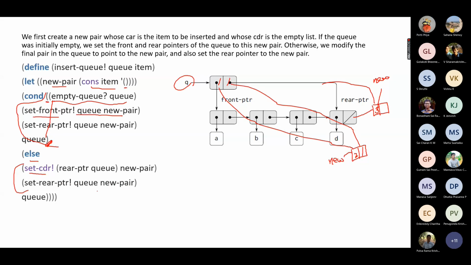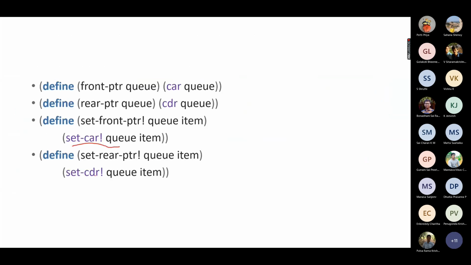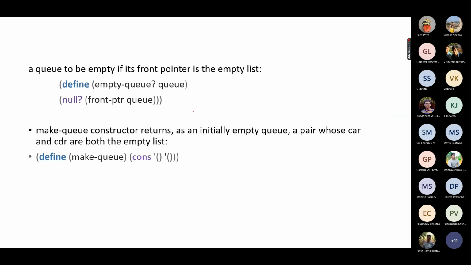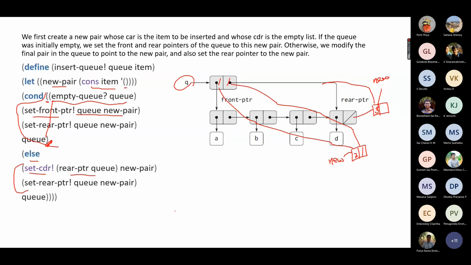So now what we are doing is the rear pointer of Q. If you look at the procedure, rear pointer of Q is returning the CDR part of Q. And then the CDR part of that one is modified to a new pair, and then set rear pointer of Q to the new pair.